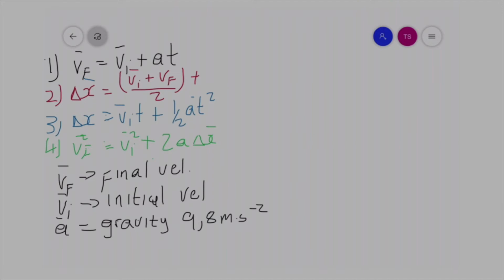And then we have our change in position. This will be our position.